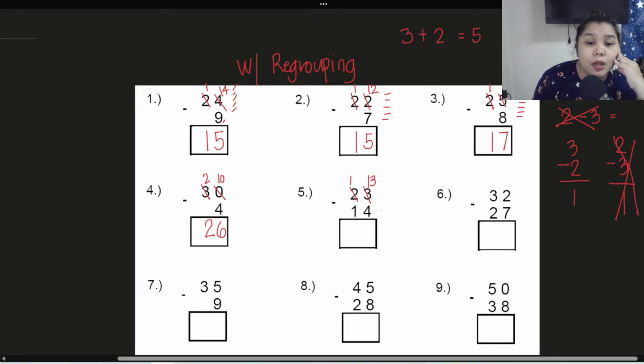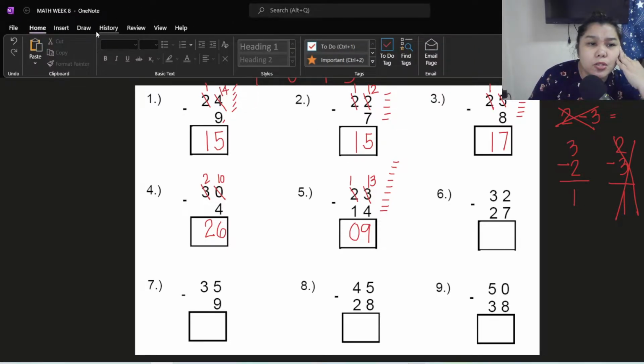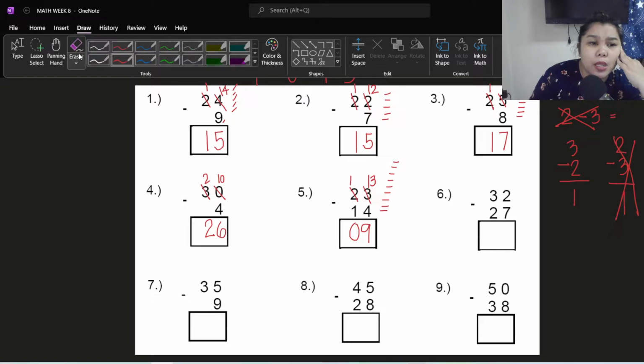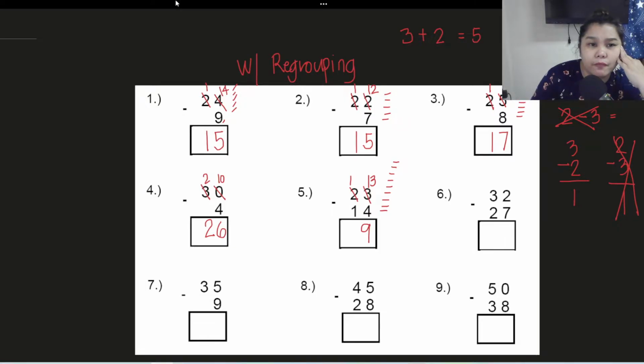So, 4, 5, 6, 7, 8, 9, 10, 11, 12, 13. Ilan ba? 9. And then, 1 minus 1, 0. So, pwede siyang lagyan ng 0, pero useless na siya. So, this is not a significant number anymore. So, dapat, we can have 9 as our answer. Yan. So, 9 will be enough.